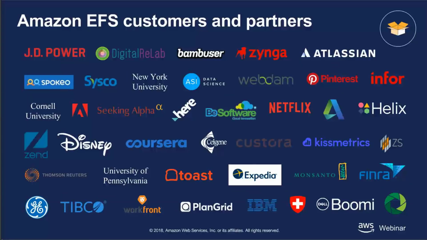I'm not going to go through all of the different customers on this slide, but you can see we have quite a few customers and names you probably recognize that are leveraging and using EFS for various uses. Things like Thomson Reuters, they use it for storing the files of the different stories that come through before they get posted online.